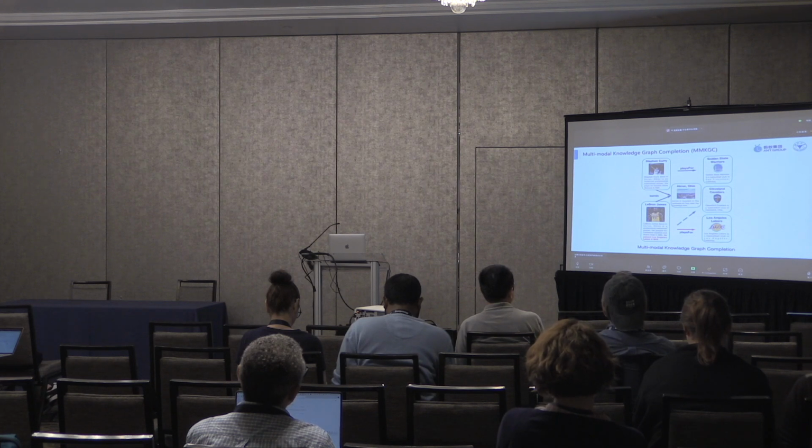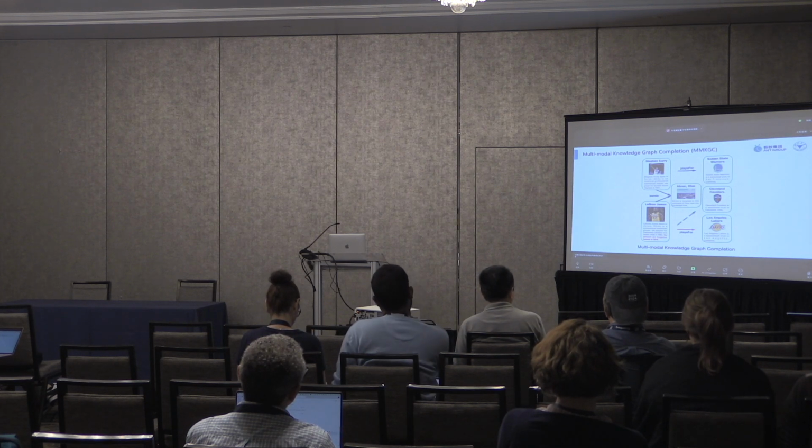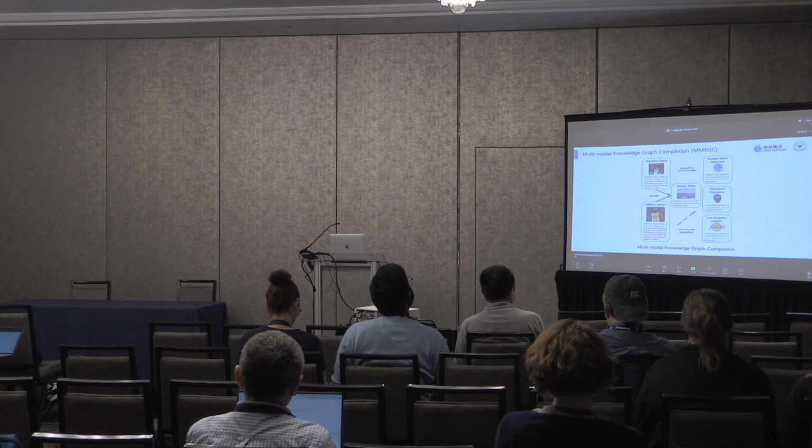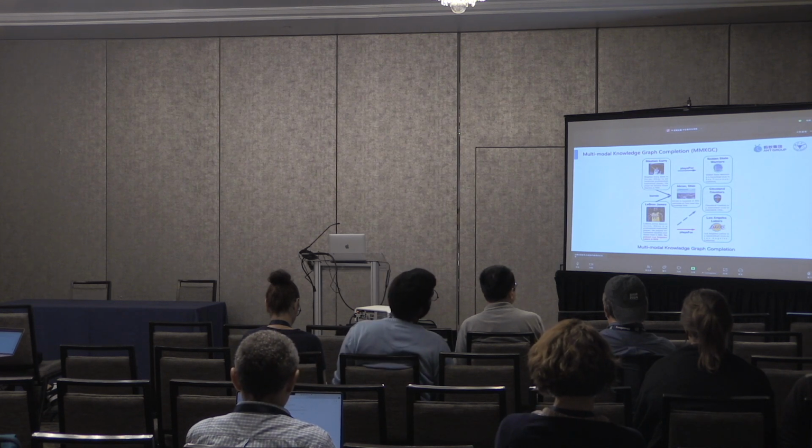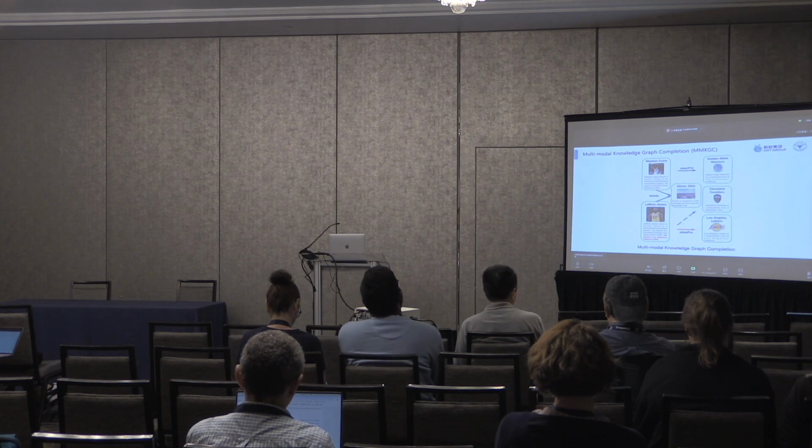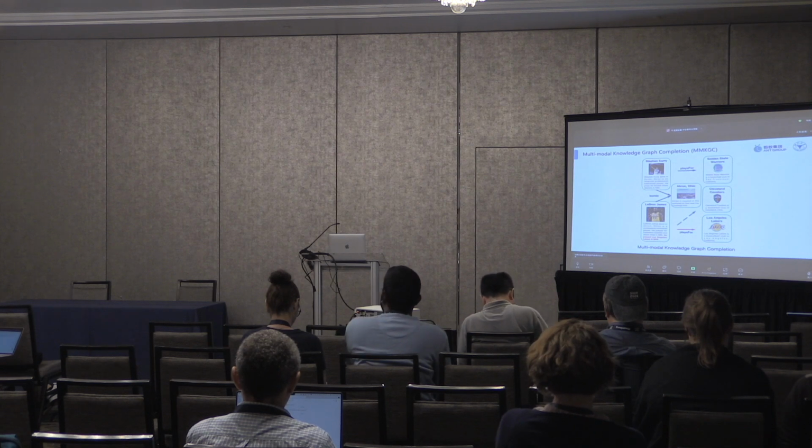This task is motivated by the incompleteness of the multimodal knowledge graphs, because there are many missing triples in a given knowledge graph. So, multimodal knowledge graph compilation aims to mine the missing triples by collaboratively modeling the triple structure in the knowledge graphs and the multimodal content of the entities.